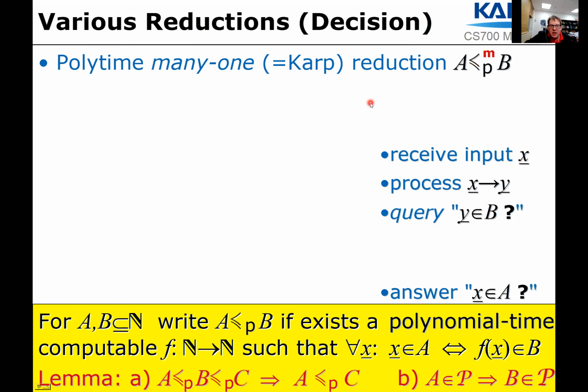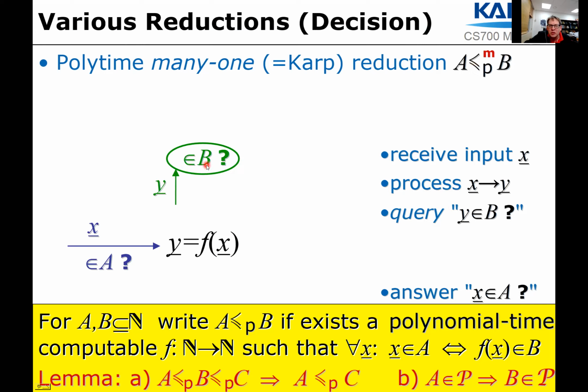And now we want to discuss some further variants of these reductions graphically. The original notion of Karp reduction or many-one reduction is about the question whether a given input x belongs to A, and the reduction function f transforms that into an instance y for the problem B, and then queries whether this y belongs to B, and then the answer to that query must also be the answer to the original question.